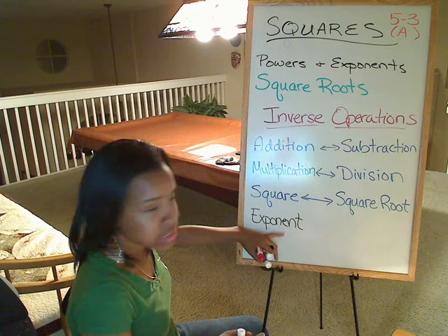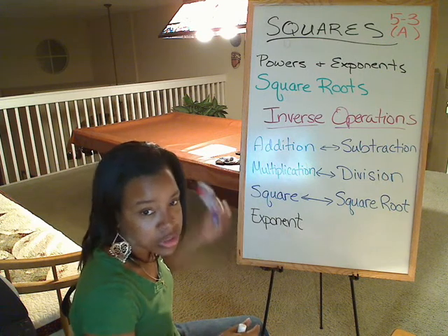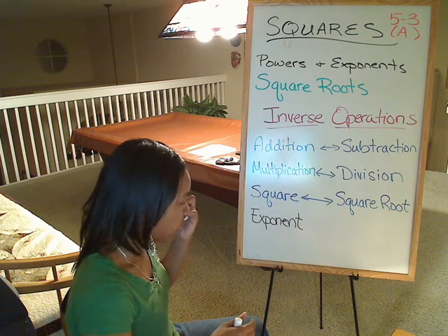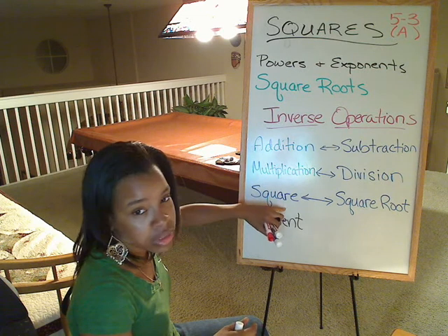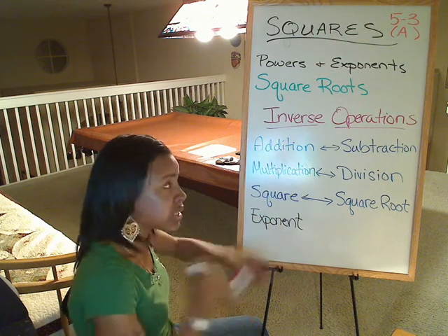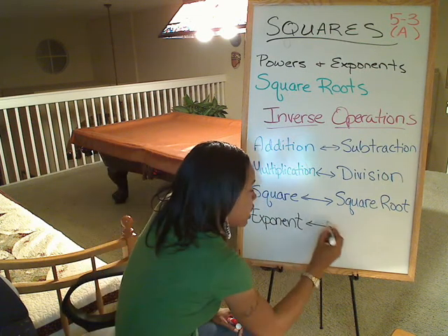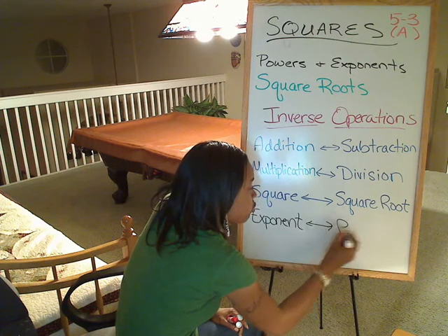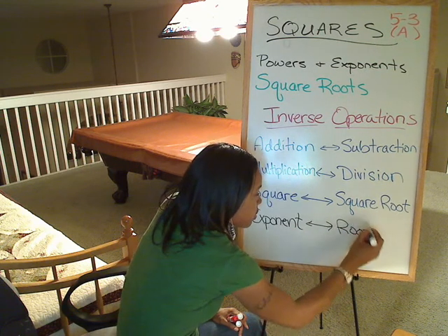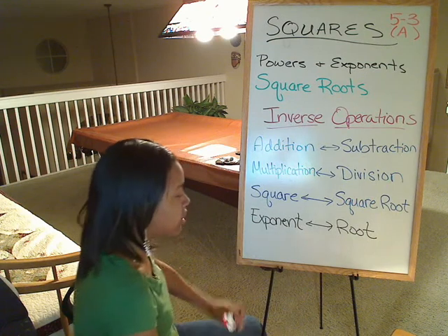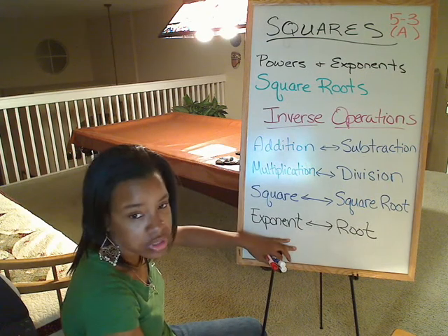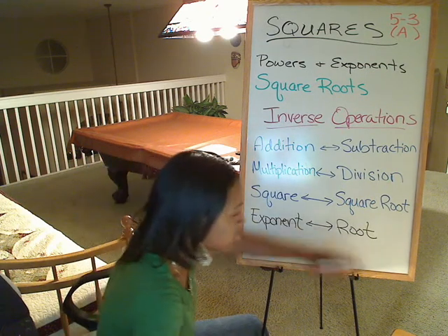Exponents is an operation. Okay, we're going to learn some about other exponents later, but for right now, we're only talking about squares. Every exponent has an inverse, and that inverse is called a root. And you'll learn more about that later.